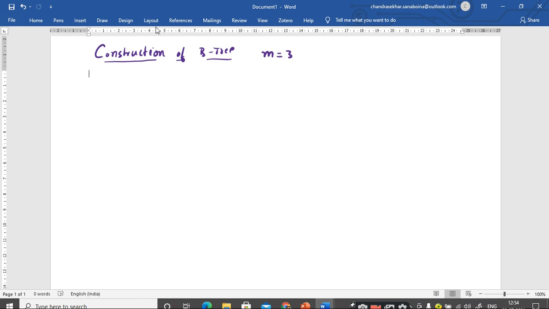So every node will have a maximum of 3 children except for the root and leaves. Now we should have the list of elements. Let us consider we won't take a random list of elements. In the next example, we are going to consider a random list of elements. But for this example, I am going to take the list of elements from 1 to 10.